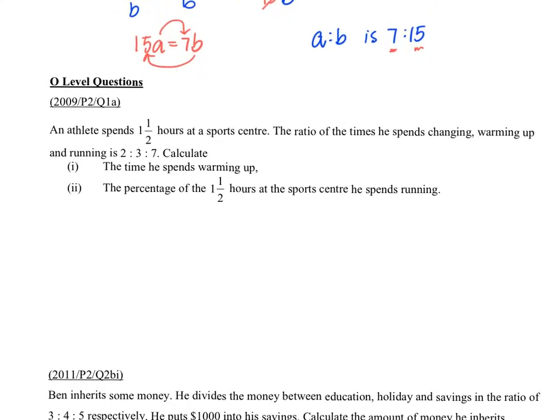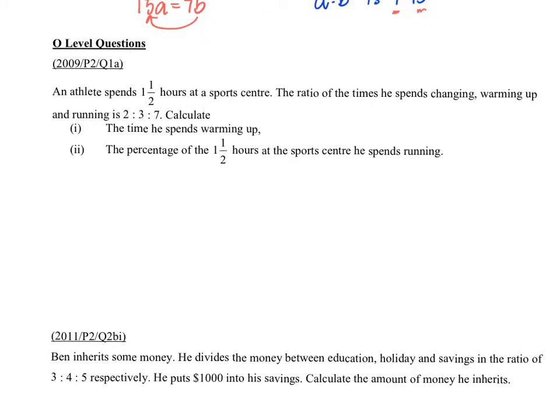Now, O-level question over here, we have a very simple word problem. An athlete spent 1.5 hours at the sports center. This 1.5 hours is the total amount of time, right? So the ratio of the time he spent changing, warming up, and running is 2 is to 3 is to 7. Find the time that he spends warming up.